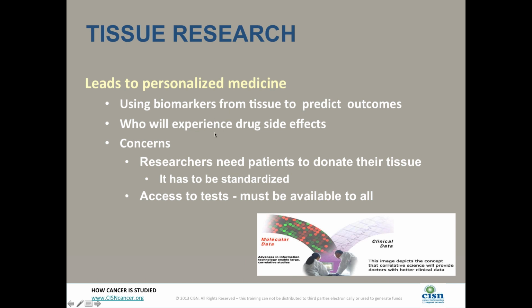We're going to get biomarkers there, hopefully find out who will experience drug side effects. The tough part is that we don't have enough tissue donated, and the processes involved haven't been totally standardized, from collection to processing to analysis.